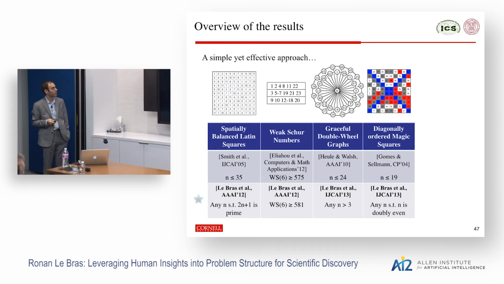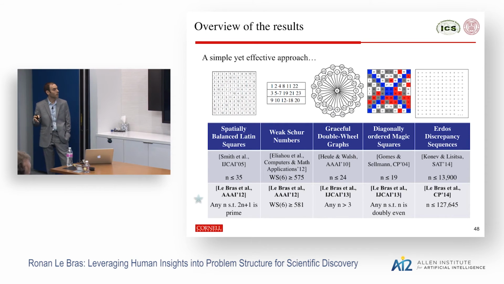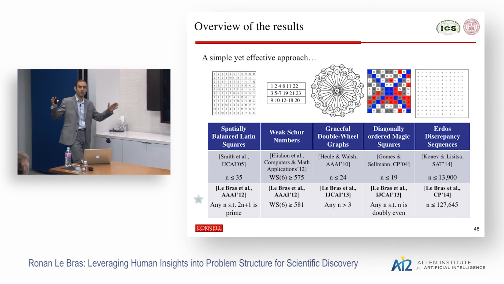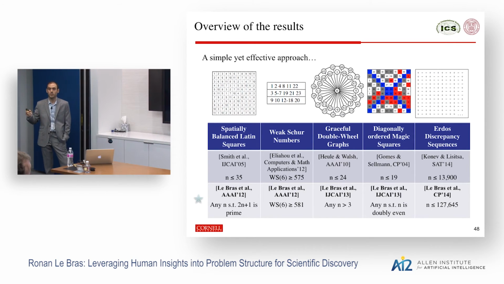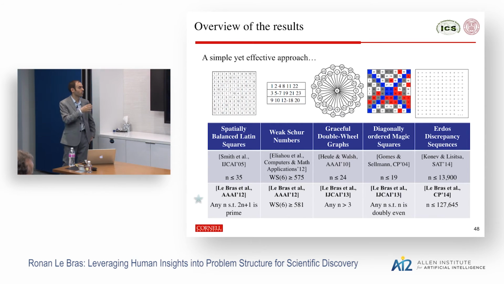And last year, now it's almost 2 years now, we have some results on the Erdos discrepancy problem where we were able to scale up the solutions from a sequence of about 14,000 binary values, basically, up to a sequence of zeros and ones of size over 127,000. And so these are the various results that we have.